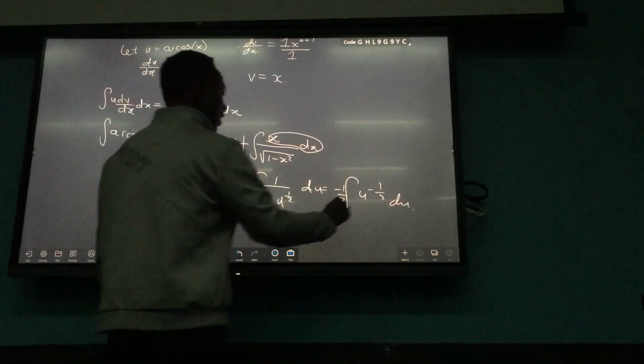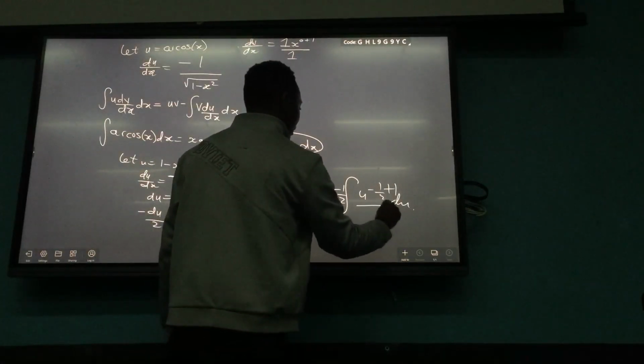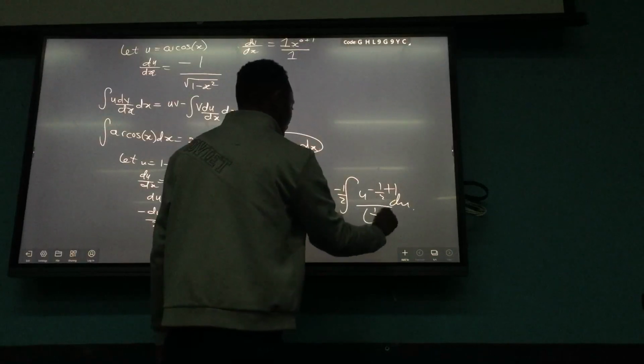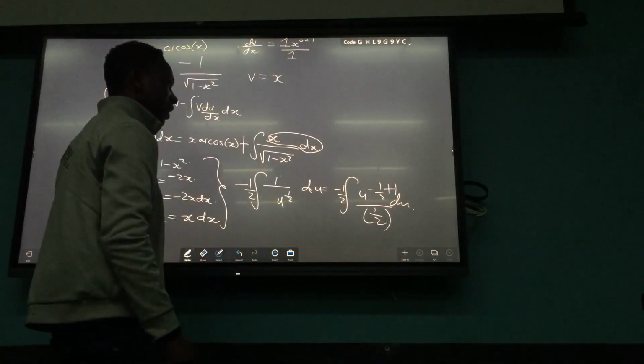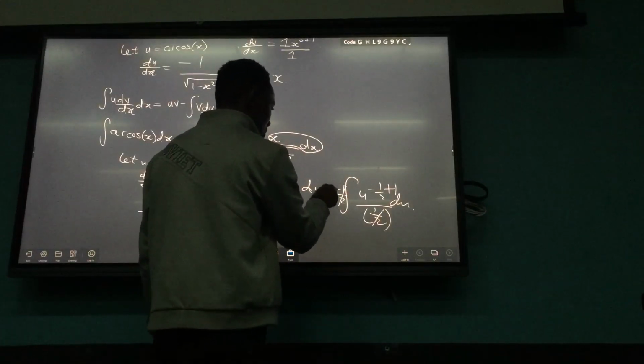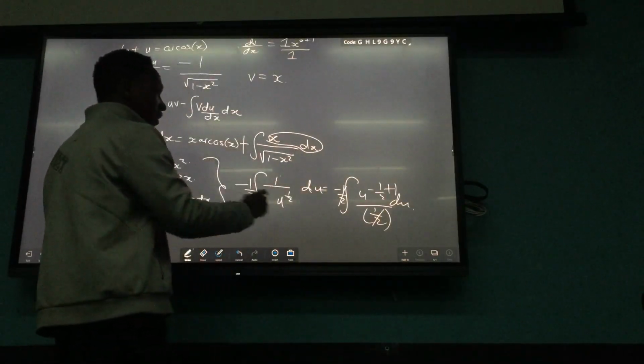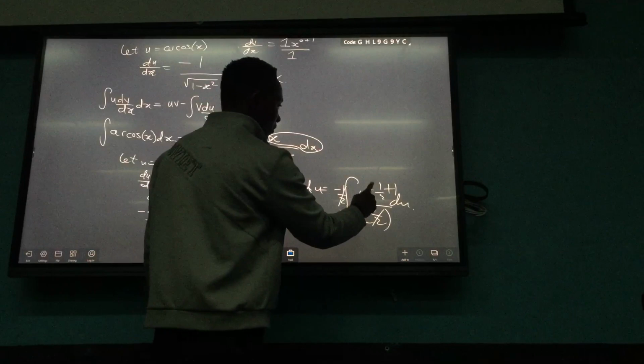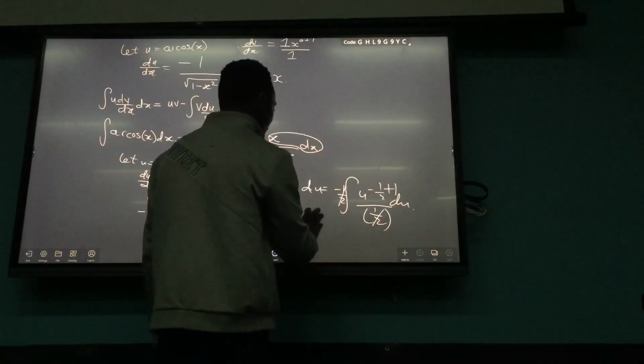If we integrate that, we add 1 to the power and divide by the resulting power, which is half. So this cancels with the half that's there, we're left with the negative sign, and minus half plus 1 gives us half.